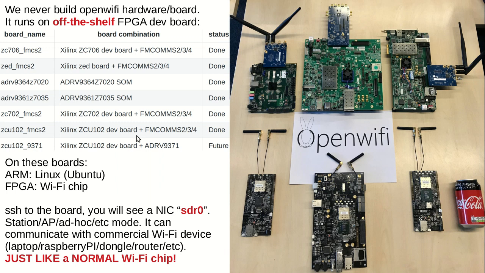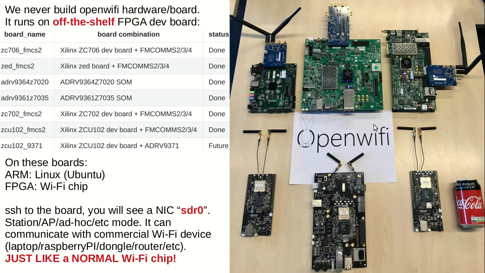You can just download the design from GitHub, and if you already have the board, you run the design immediately, and you can have a software-defined radio Wi-Fi AP or Wi-Fi client. If you don't have these boards, you can buy them anywhere because they are off-the-shelf boards, not from us.